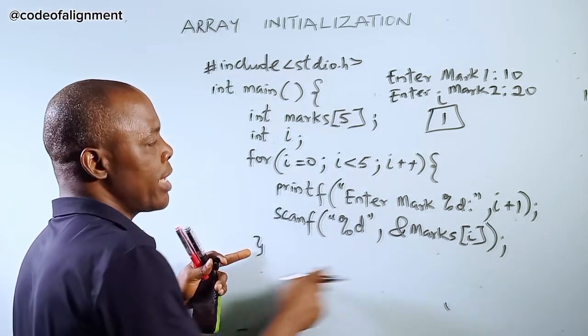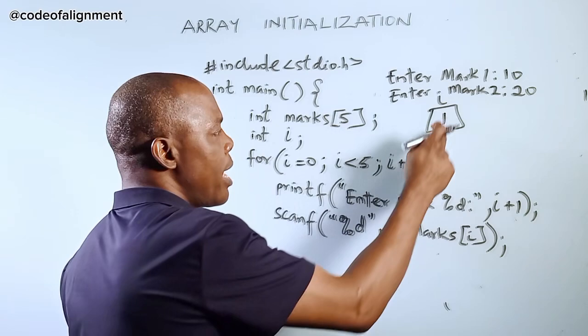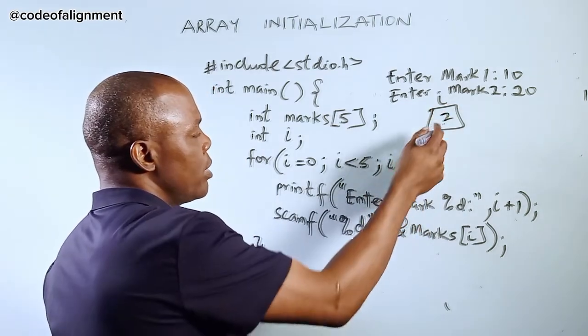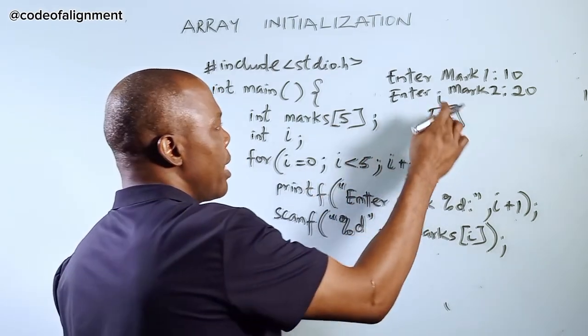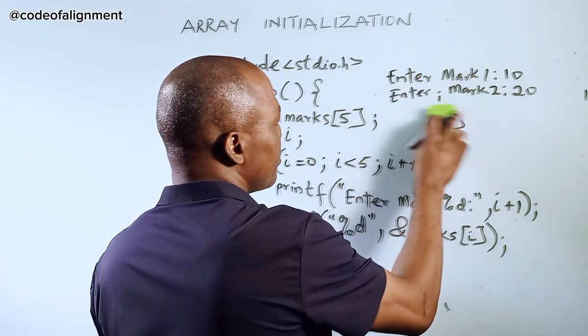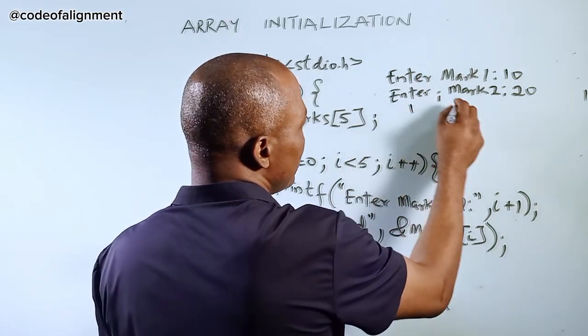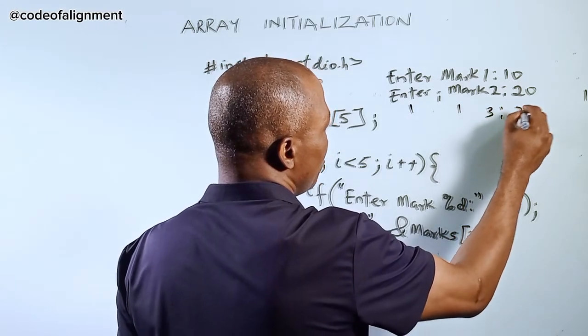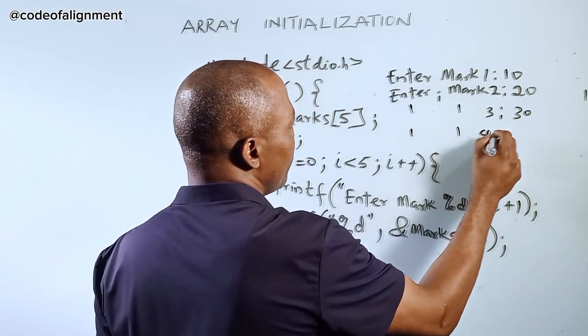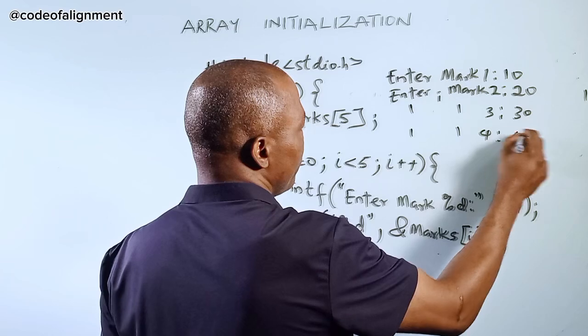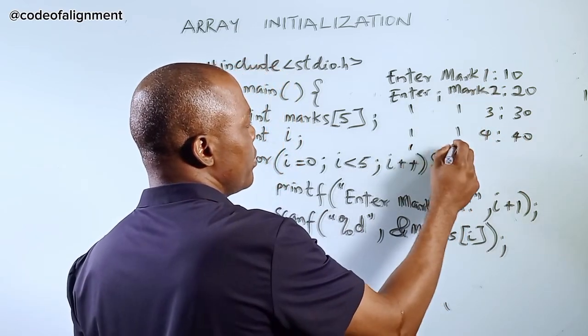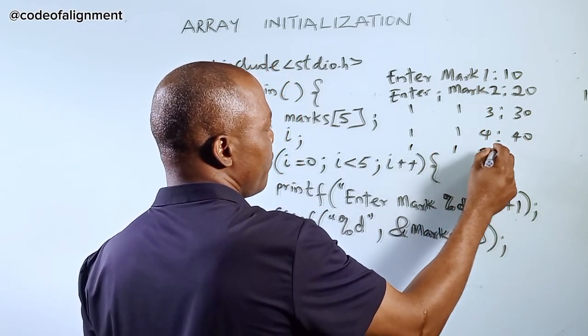Then it will increment this one to 2. Right? 2 is less than 5. It will come in and repeat the same thing. So it will repeat this for 3, so I'll put 30. It will repeat this for 4. Then I'll put 40.